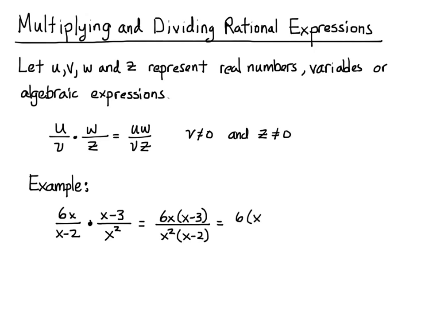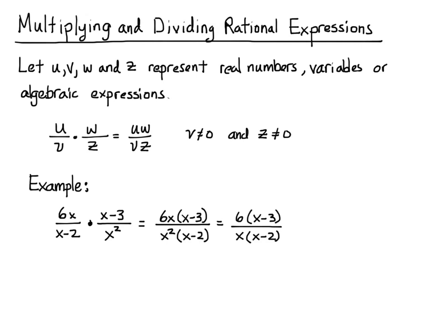So I can eliminate one of them and make that 6 times x minus 3 over x times x minus 2. So one of the x's canceled. Now I don't need any domain restrictions here because it's already implied that x cannot equal 0, and everything else was the way it was originally. So no need to make domain restrictions.